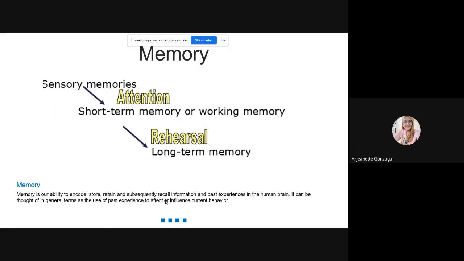So, sa memory, it is the sum total of what we are remembering, and it gives us the capability to learn and adapt from previous experiences as well as to build relationships. So, it is our ability to remember past experience and the power or process of recalling to remind previously learned facts, experiences, impressions, skills, and habits.